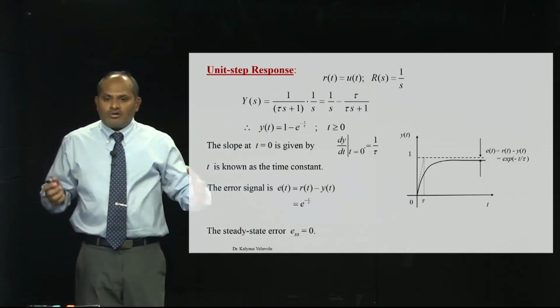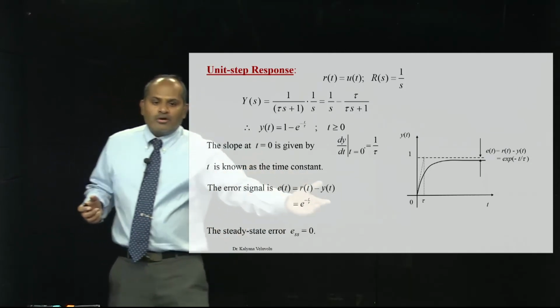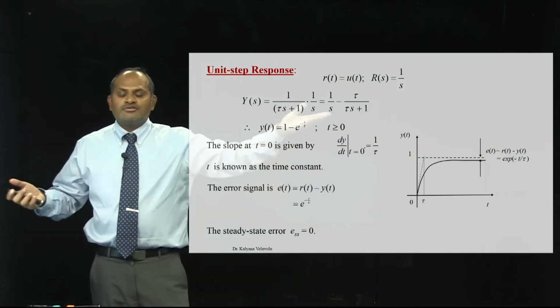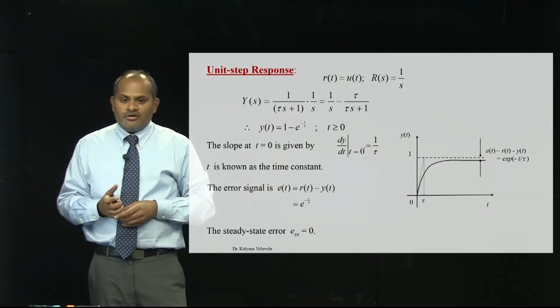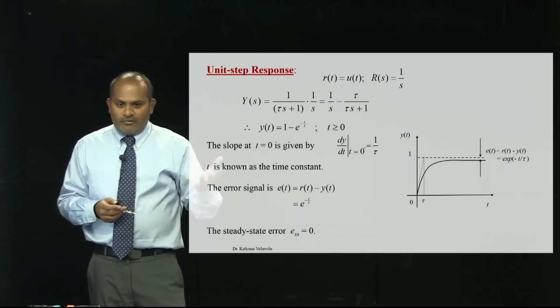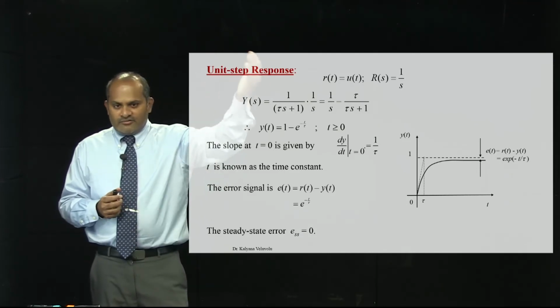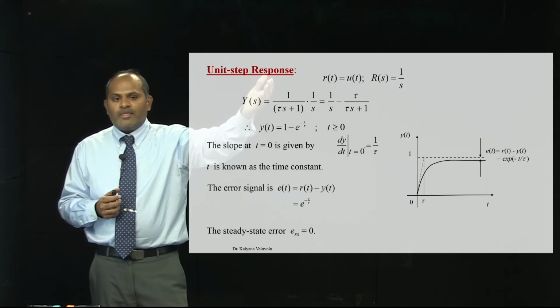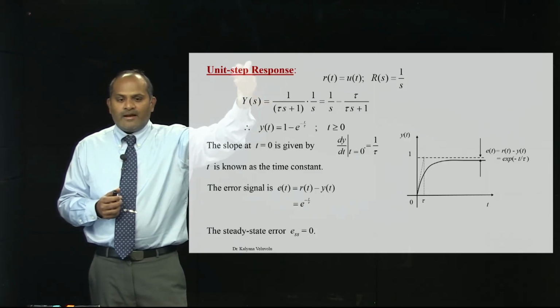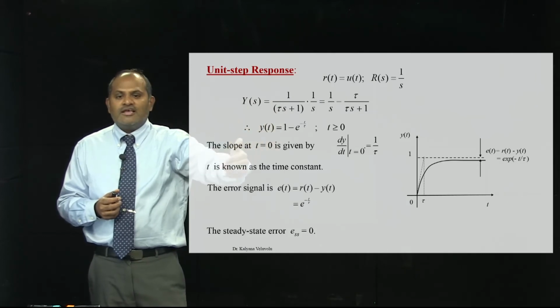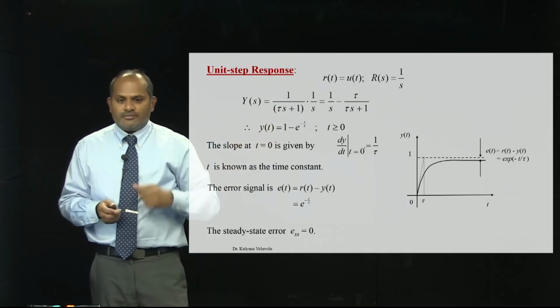That means after a long time, the output becomes equal to the input. This is what we call the performance, or the time domain analysis. We take the step input, convert it into the Laplace domain, and then analyze the time domain output response and its characteristics for the unit step response.